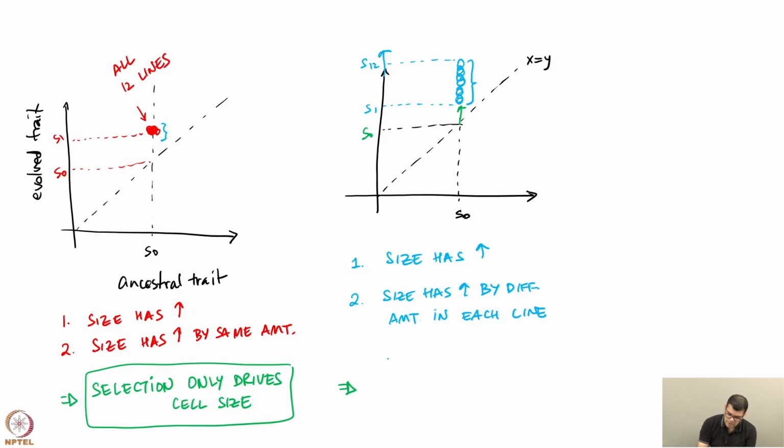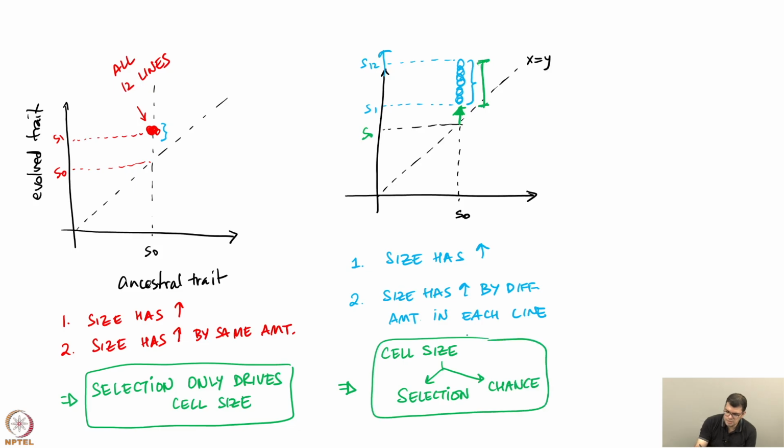As a result, cell size change is driven by selection, which means selection is this bit that increase has to happen, and chance, which depicts the scenario that this change is allowed. So, the response in such a context will be a mixture of effect of selection versus drift.